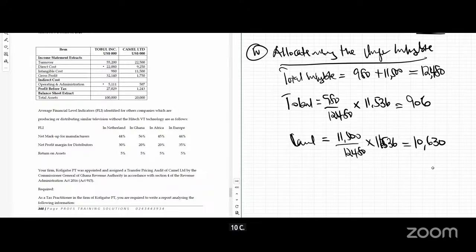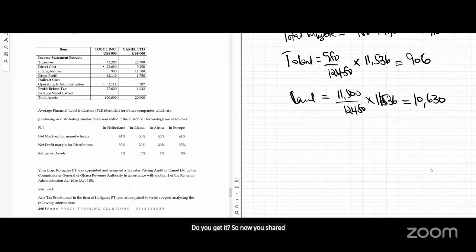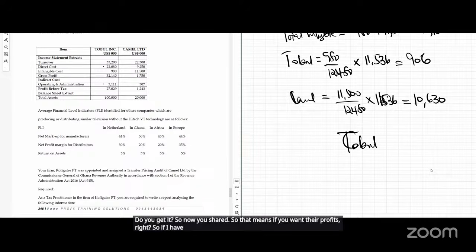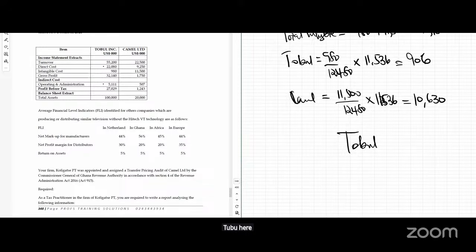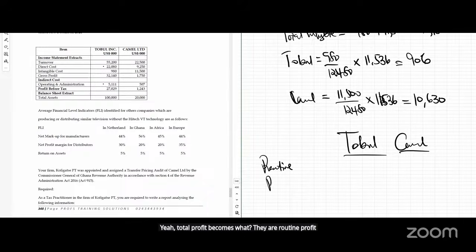Do you get it? So now you've shared. So if you want their profits, I have Tobo here, and I have Camel here. Their total profit becomes their routine profit and then their residual or non-routine profit, which is 906 and then 10,630.